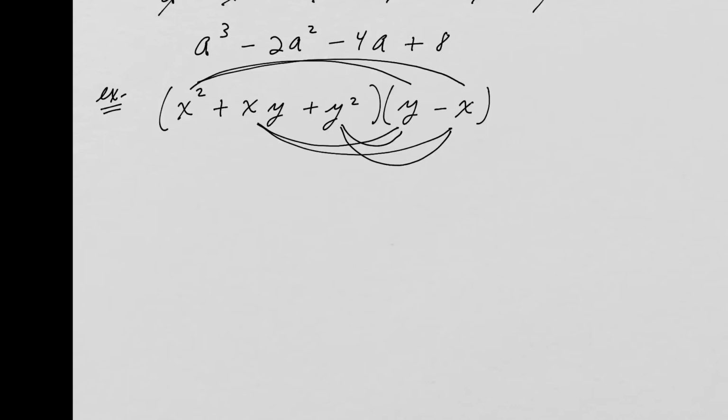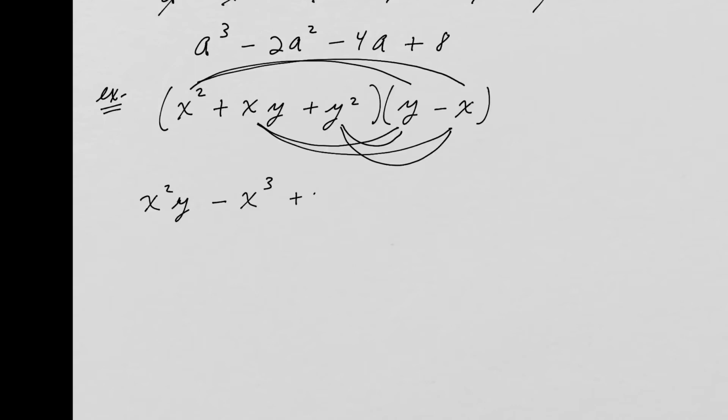All right, so what's x squared times y? Well, I can't really do anything else, so I just put them together, right? X squared y would be the product of those two. Just write them together. x squared times negative x. Well, 1 times negative 1 is negative 1, and then x squared times x is x cubed. Then I have xy times y.